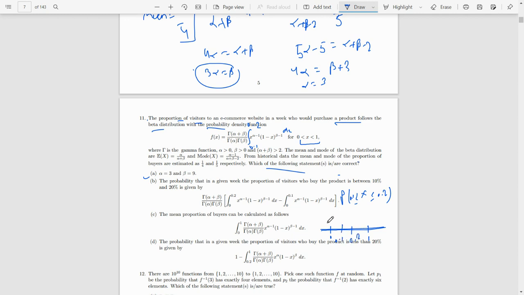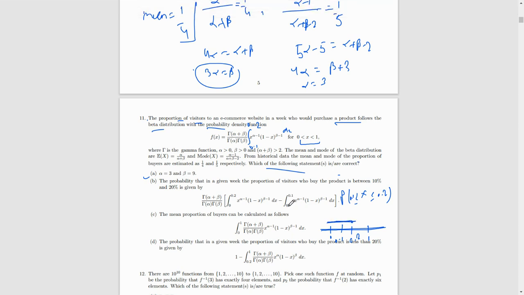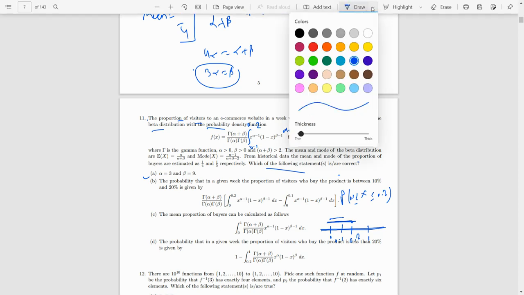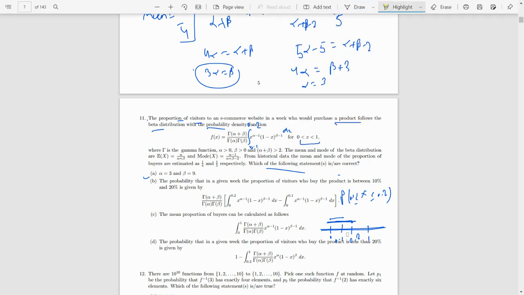So we find the probability of 0 to 0.2, and then we subtract the probability of 0 to 0.1. At the end we get the probability of 0.1 to 0.2, the required probability. So obviously this option should be correct, because this is the required thing that we are trying to find out.